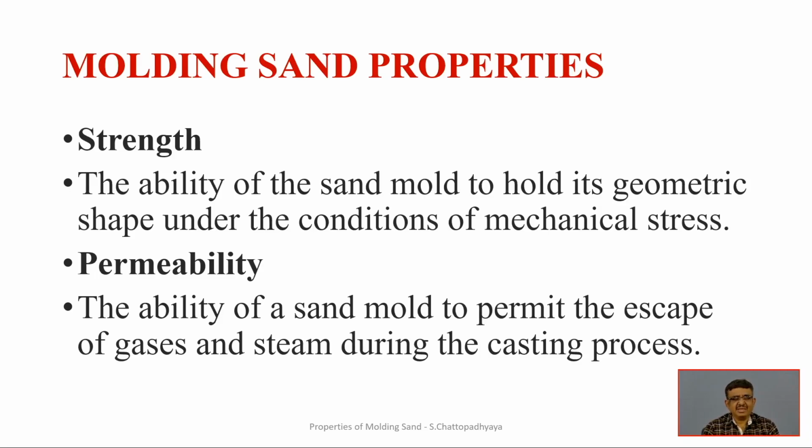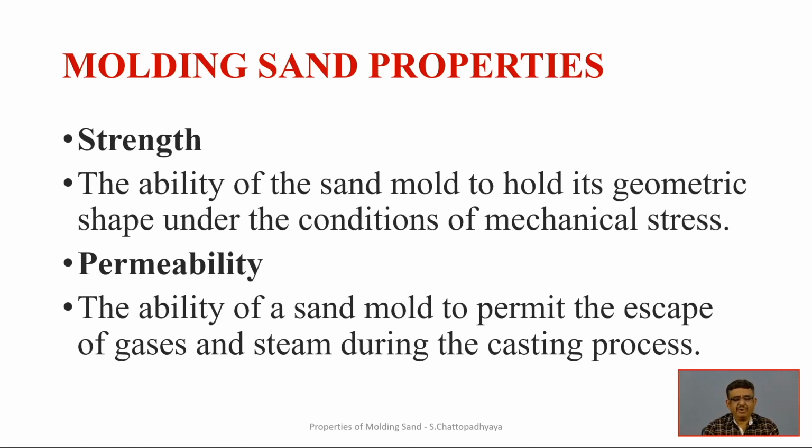The strength is important for the molding sand in order to retain its shape, very specifically the intricate parts of it, which are generated through intimate contact with the pattern. Then the pattern is removed, so the sand has to retain these difficult and complex shapes even after the molten metal pouring.